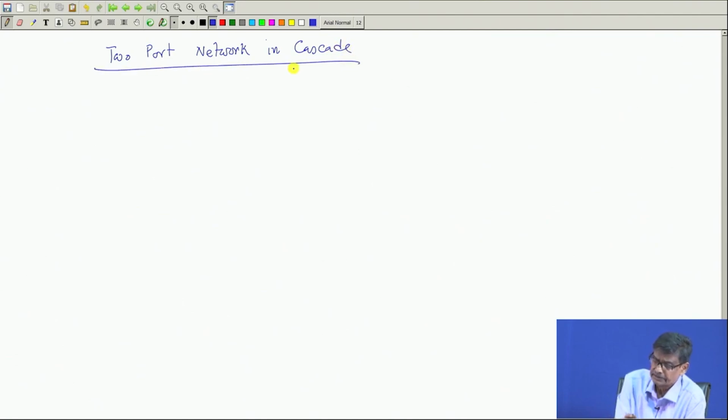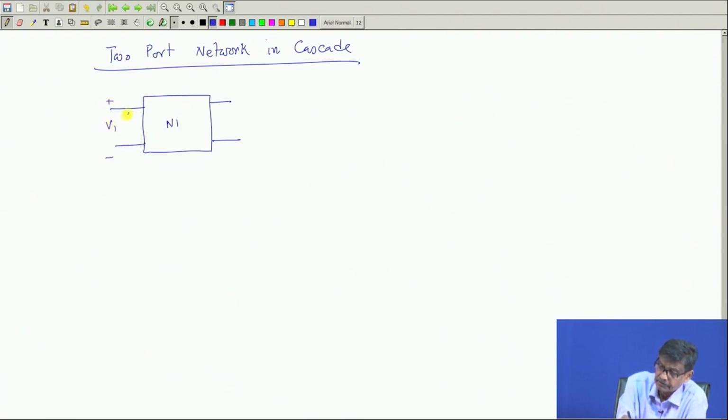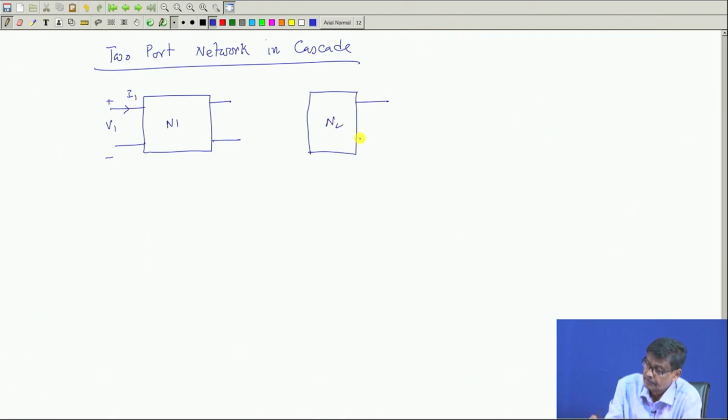In cascade means the output of one port is the input; whatever you get from the first port is connected. Suppose this is network 1, it is plus minus V1, this is I1, you connect it and you have another network N2 whose input you connect to this port.